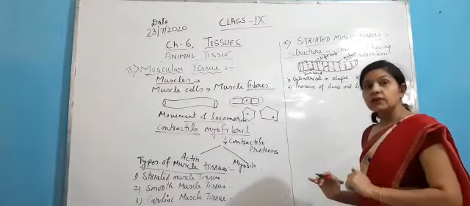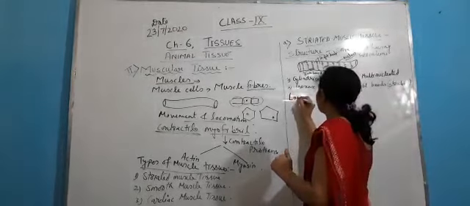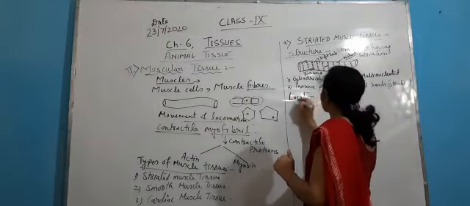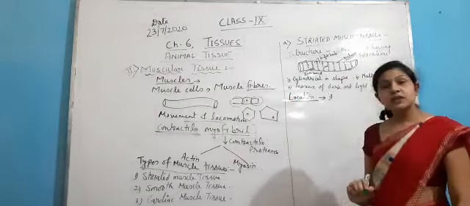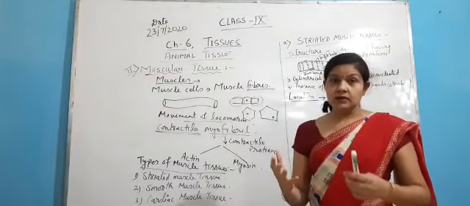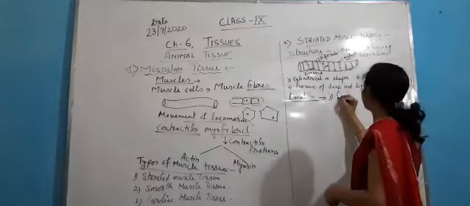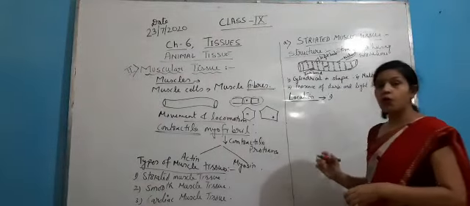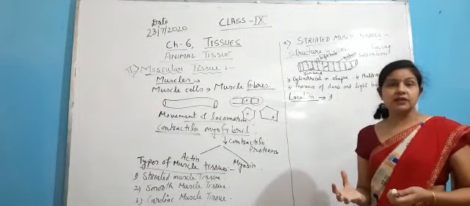Now let us see where it is present. What is its location? Most of the striated muscle tissue is present attached to the skeletal tissue. Skeletal tissue means bones or skeleton. Okay, I am not saying that all the striated muscle tissues are found attached with the skeleton.